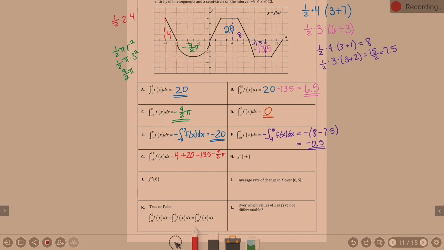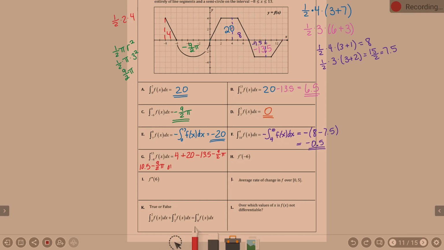Okay, so 4 plus 20 is 24. 24 minus 13.5 is 10.5. So one answer here is 10.5 minus 9/2 pi, right? We're combining a decimal and a fraction, so I don't think you'd ever see that on a multiple choice scenario. Okay.